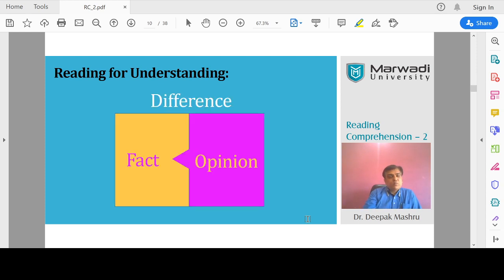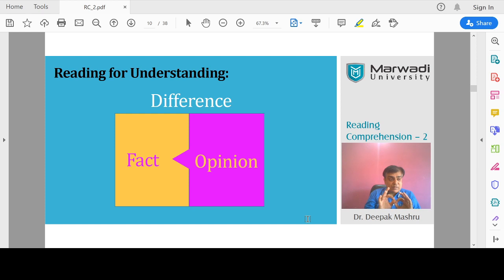Now, in the last session, I explained what fact and opinion are. There are fact-based questions and there are opinion-based questions. I explained the difference between fact and opinion in the last session also. To distinguish between fact and opinion is very simple.